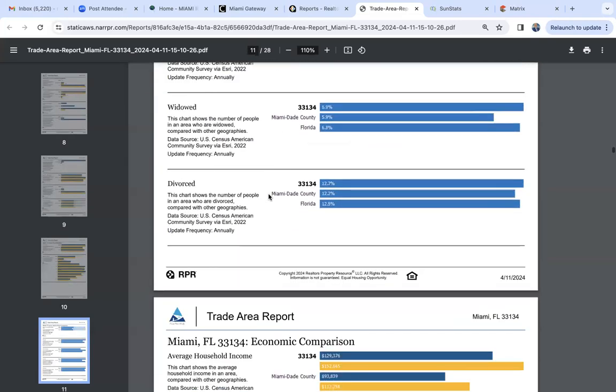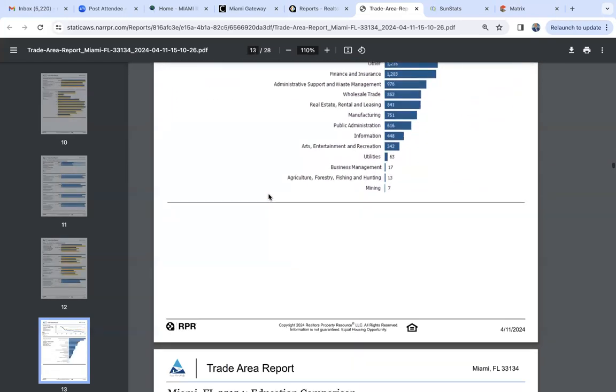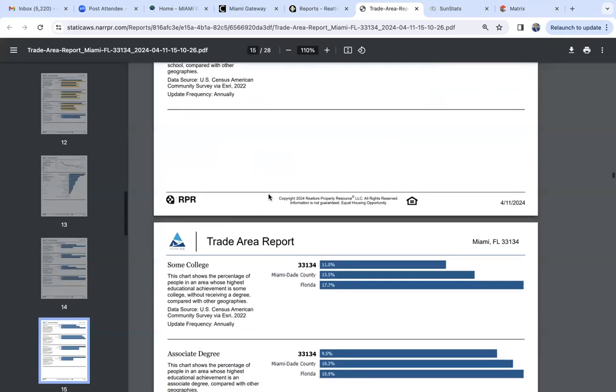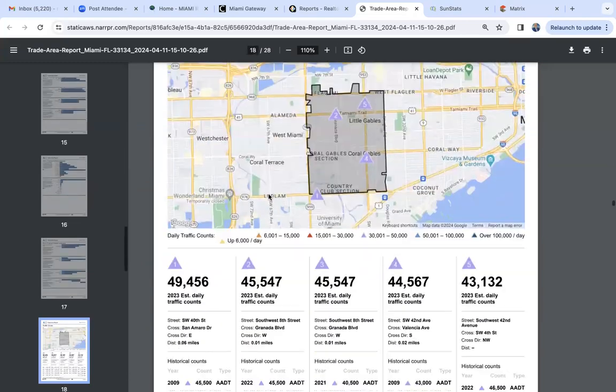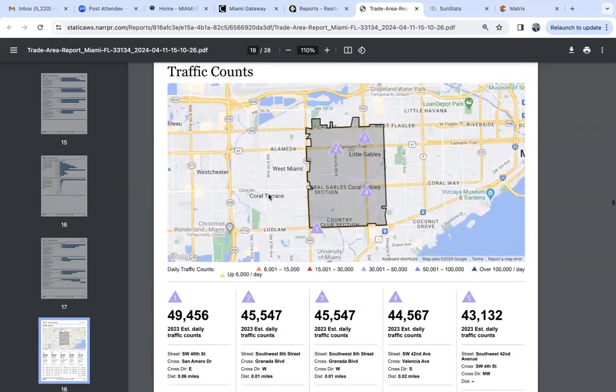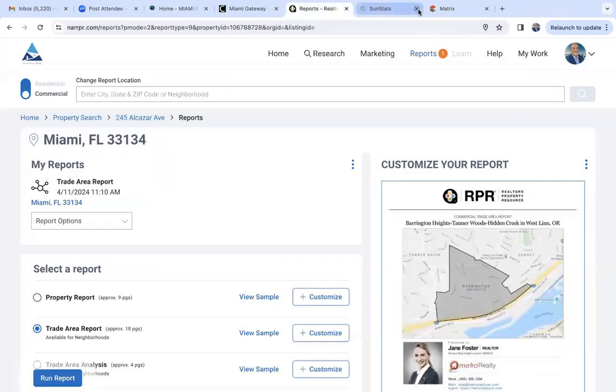You have all this information, guys, these stats that you can pull for any zip code in any area in all of the US. Okay? So let's use RPR to our benefit when researching properties for our customers, especially customers interested in commercial, who sell retail, who sell goods. RPR is going to help us identify the best locations for them.